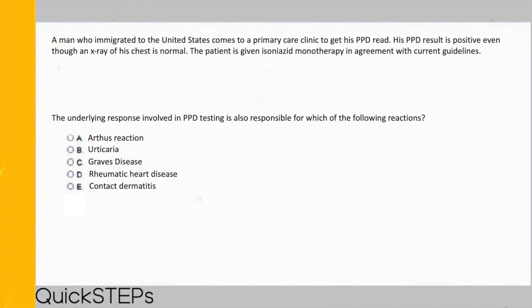What about Graves' disease? So that's an autoimmune antibody that causes activation of TSH receptors, right? So Graves' disease is technically a non-cytotoxic version of a type 2 hypersensitivity reaction. How about rheumatic heart disease? Okay, so that actually is a cytotoxic version of type 2 hypersensitivity reaction.